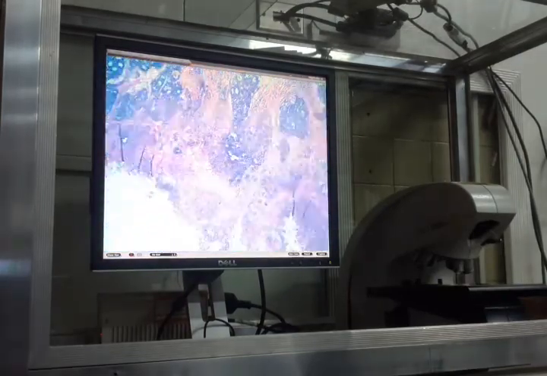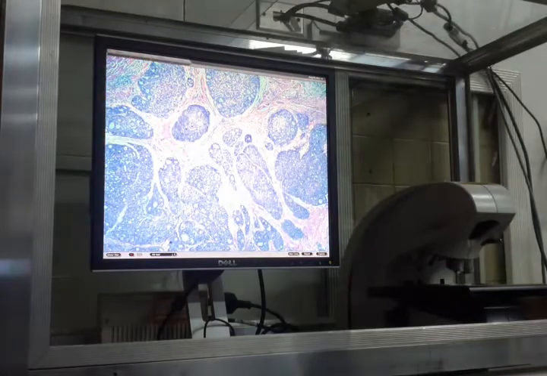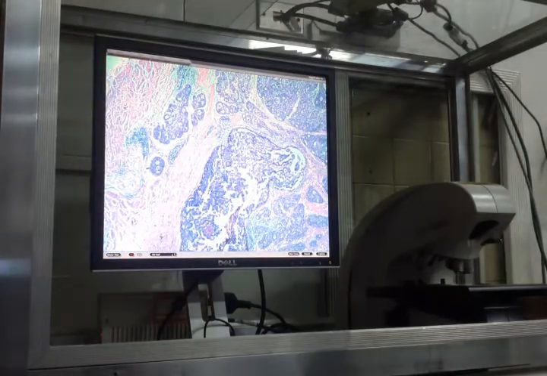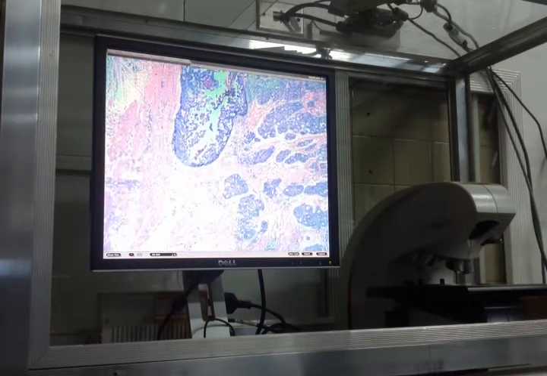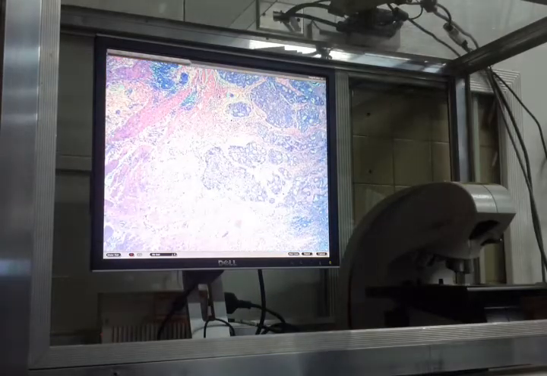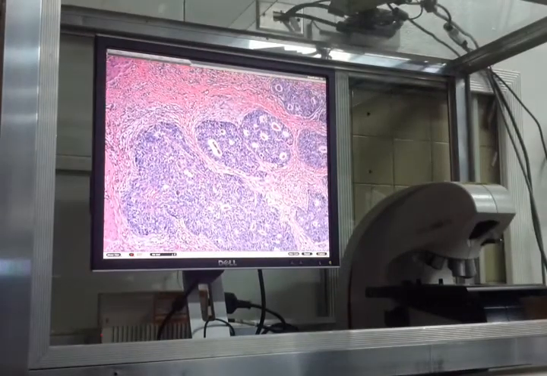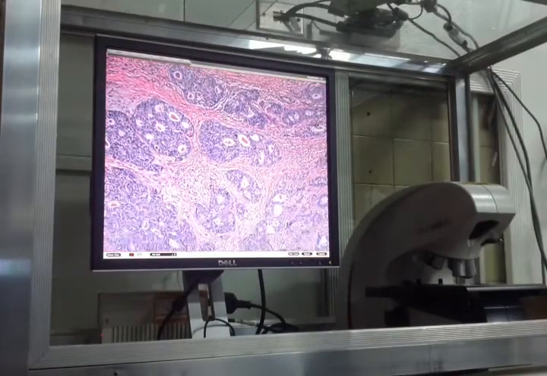Is it epithelial or mesenchymal? Ito ang neoplasia mo. Is it epithelial or mesenchymal? Ano ba? Tissue of origin is epithelial or mesenchymal?